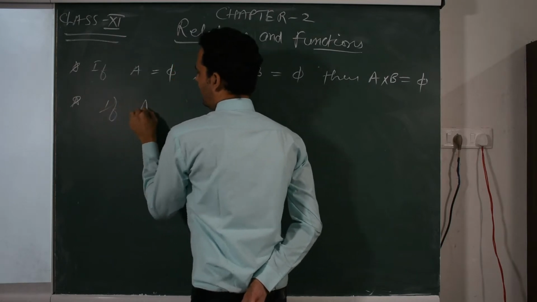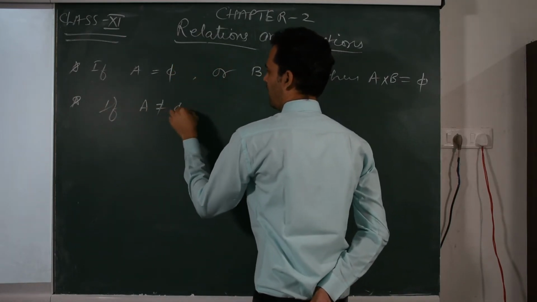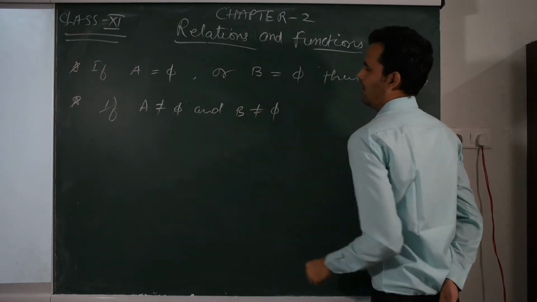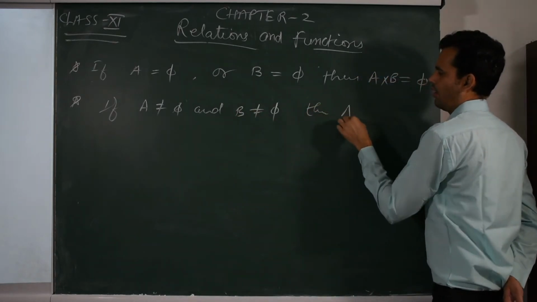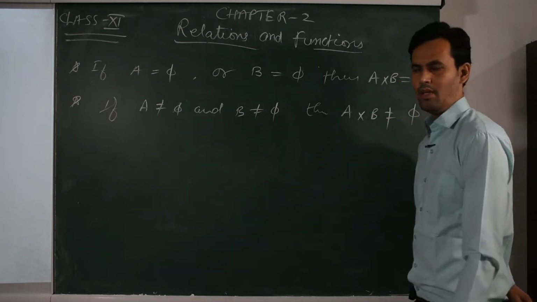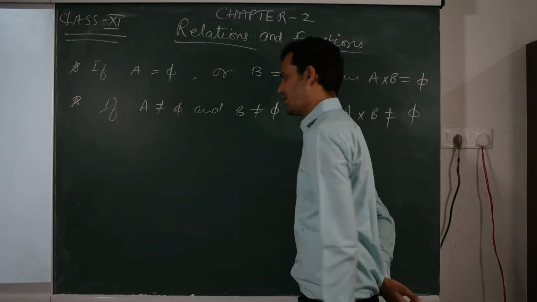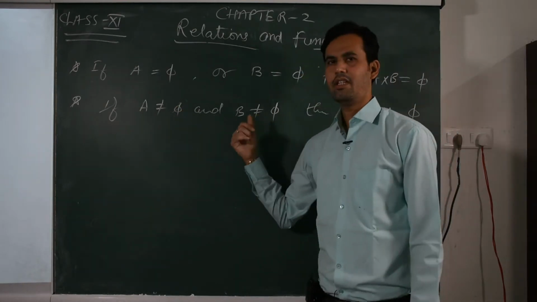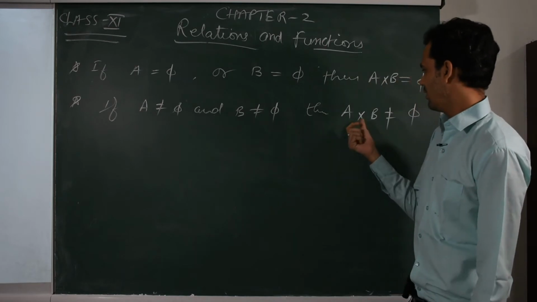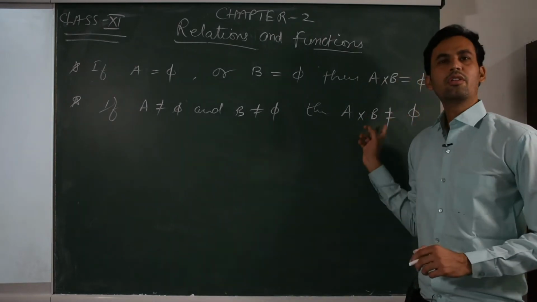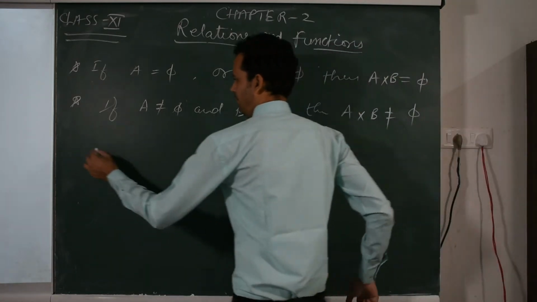Second, if A not equals phi and B not equals phi, then A cross B is also not equals phi. It means if A is a set which is not null set and B is also not a null set, then the Cartesian product of A and B is also not equal to null set.